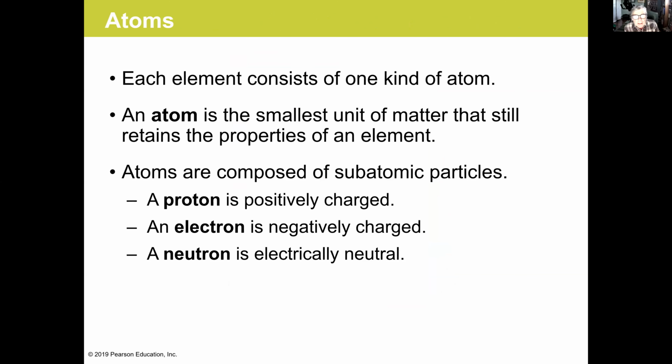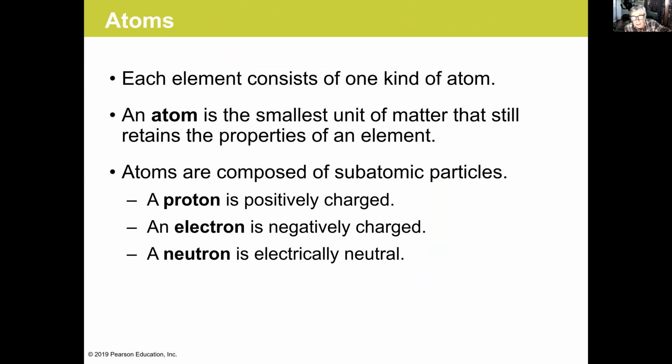As I mentioned, an atom is the smallest unit of matter that still retains the properties of an element. Atoms are composed of subatomic particles: protons, electrons, and neutrons. These particles have 2 important properties. One is charge.